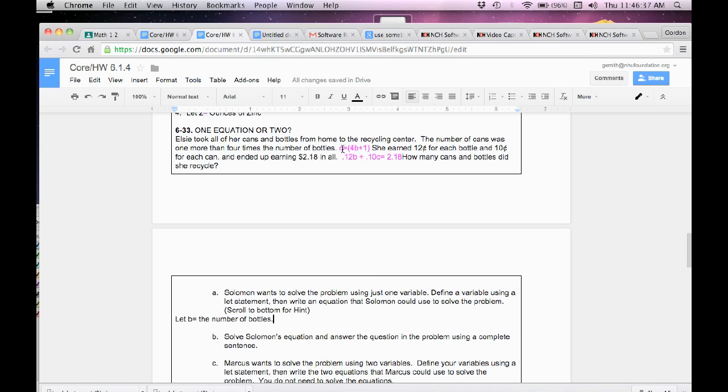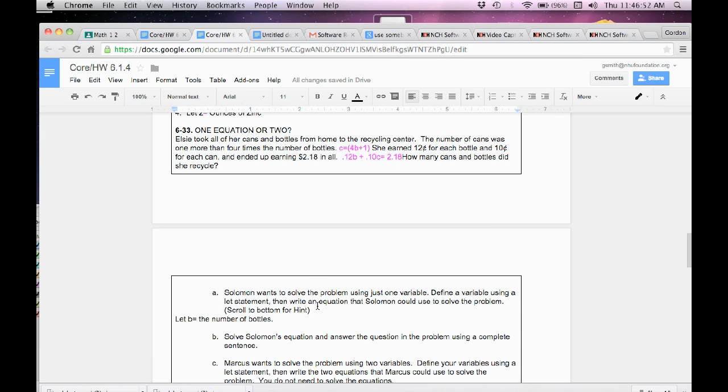Now we need to write an equation that only uses that. So what we know is that C equals 4B plus 1. So what I'm going to do is take this equation, but instead of writing C, I'm going to write 4B plus 1. So this equation works with the 4B plus 1 in its place.